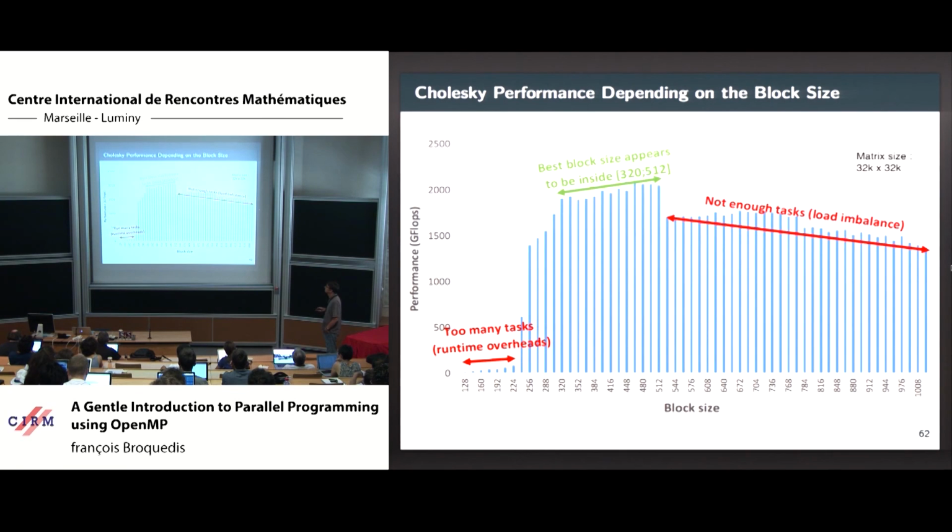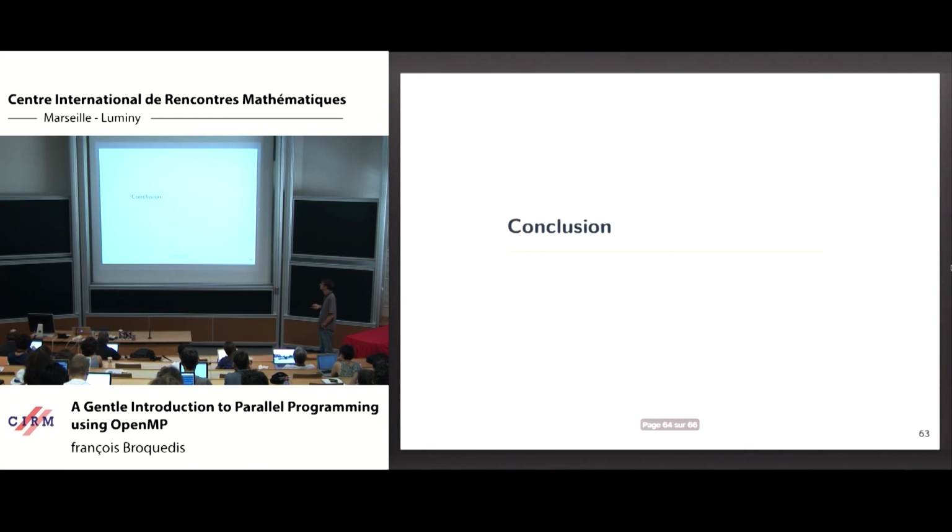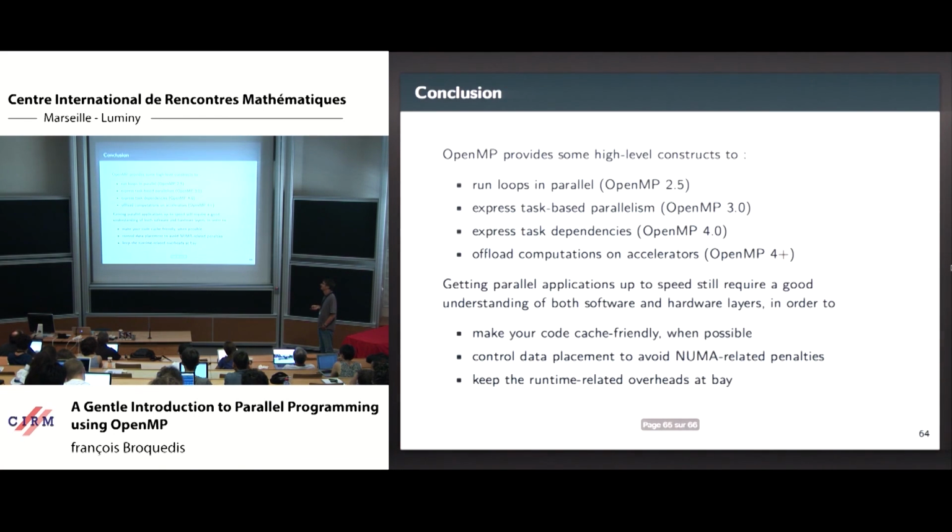So it's up to the application programmer to define the best block size, and it can depend on the architecture, of course, but also on the input matrix size and stuff like that. So if you just run this and you obtain this kind of performance, you are not done yet. You have to tweak some of the parameters before completing. So I will just leave this slide here, and thank you for your attention because I'm late.